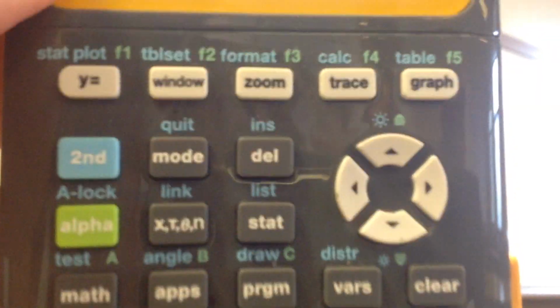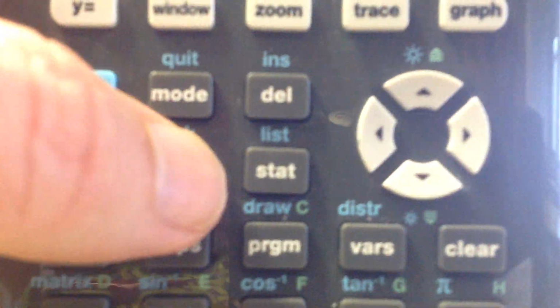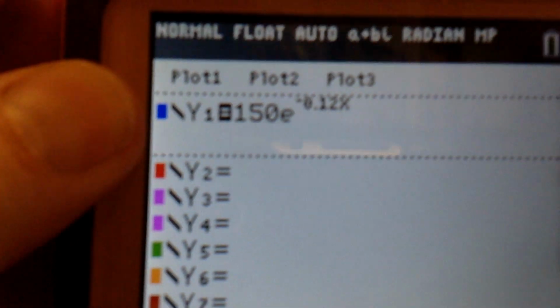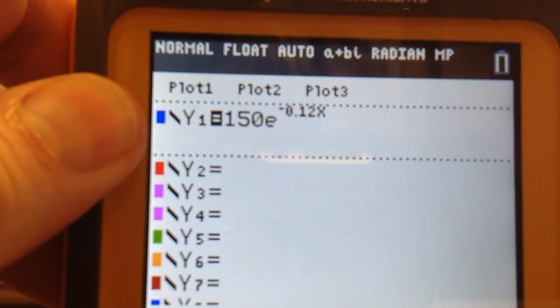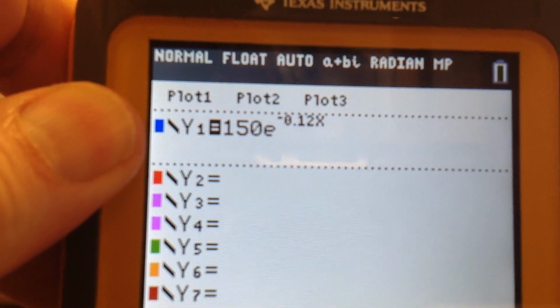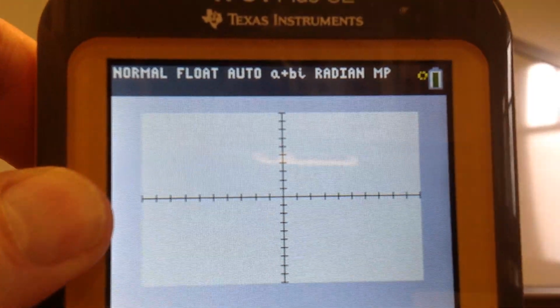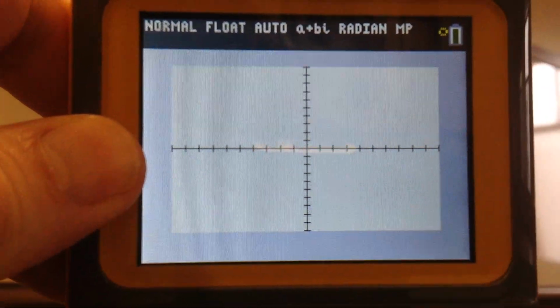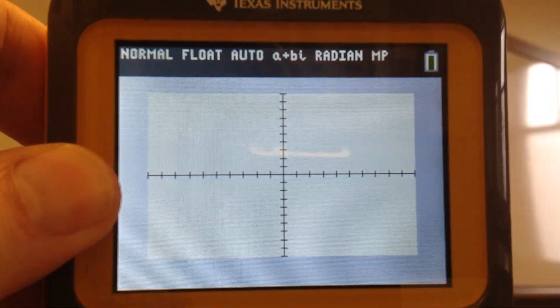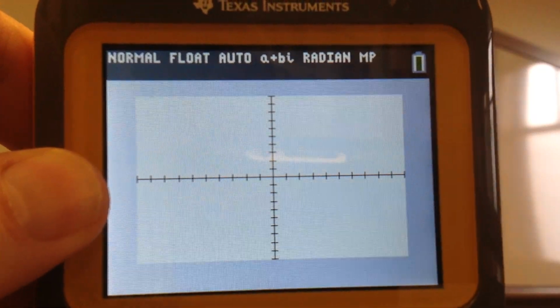Right there, negative 0.12, and then the x is right there. So there it is. 150 e to the minus 0.12x, and then I'll hit the graph key, and let's see here. And we don't see anything, okay?